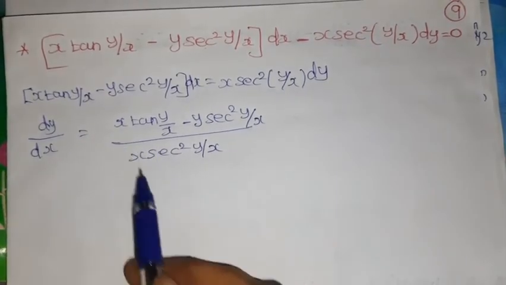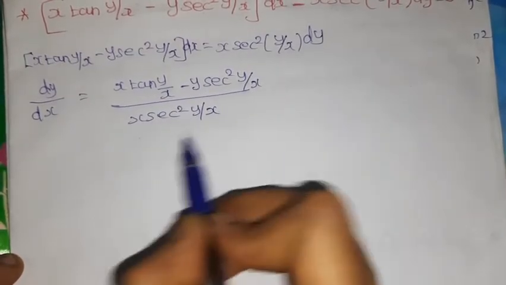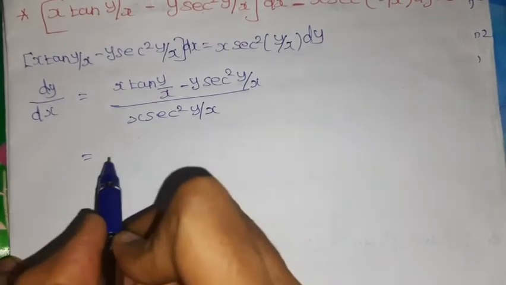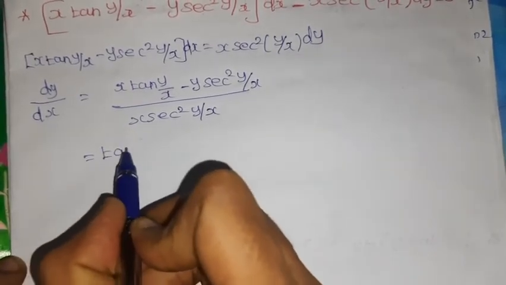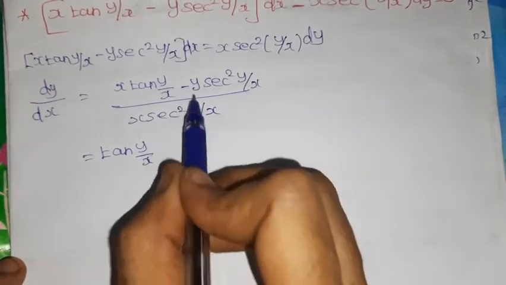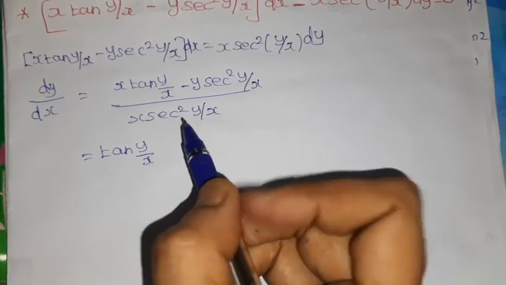So by dividing this term in the numerator, what will we get? x by x gets cancelled, tan y by x. So this term 1 by sec squared is nothing but cos squared.